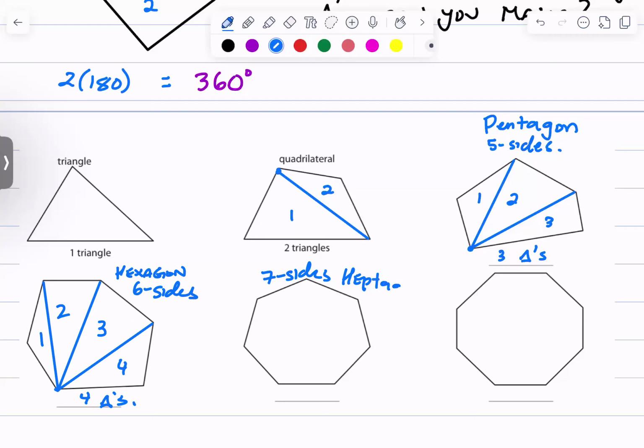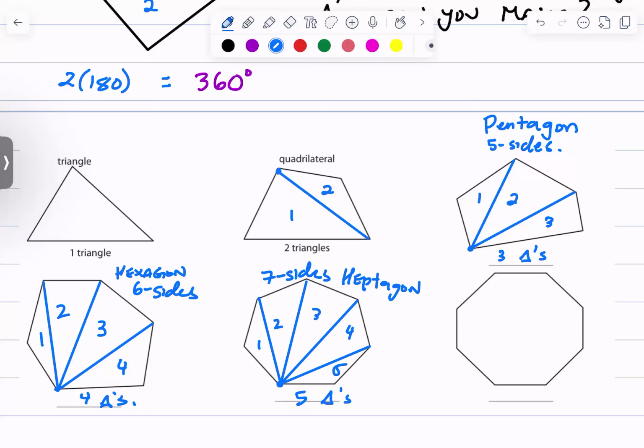Okay. And how many triangles can I make here? Start from one point and connect the other points to it. So that's 1, 2, 3, 4, 5. So there's 5 triangles. Okay, 7 sides creates 5 triangles.